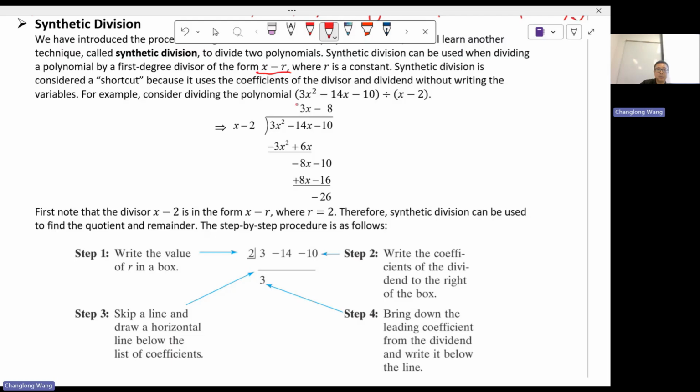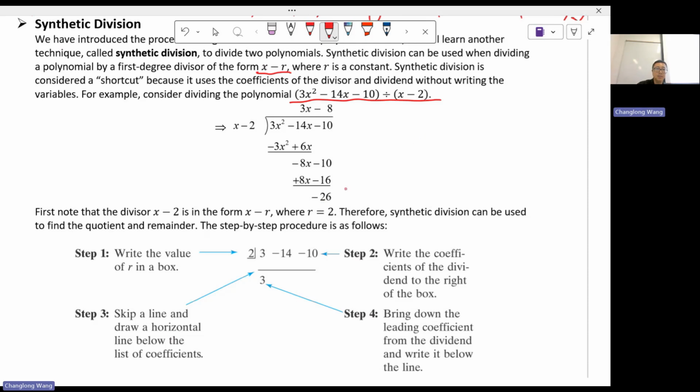But in this case, it is the same as the example I typed up on the first page. If you do it the long way, this is what you're looking at, getting the remainder -26, the quotient 3x minus 8.